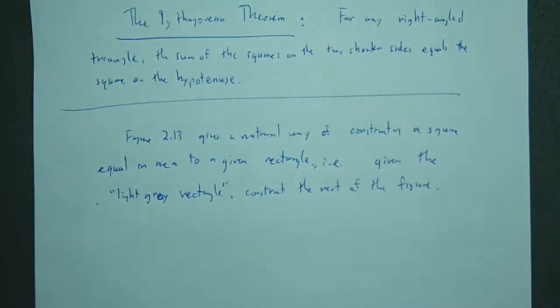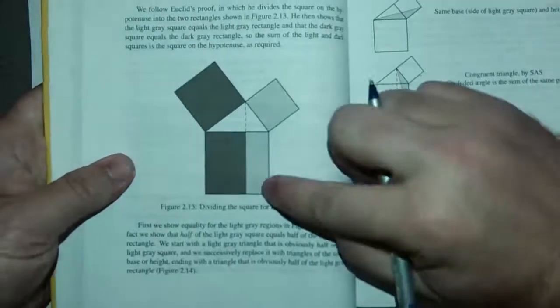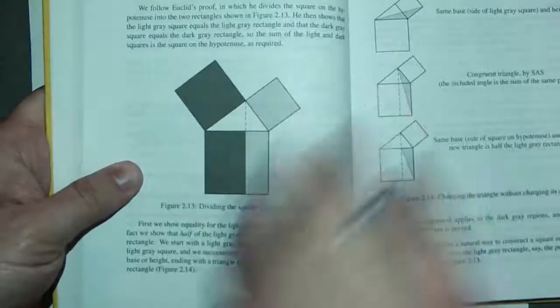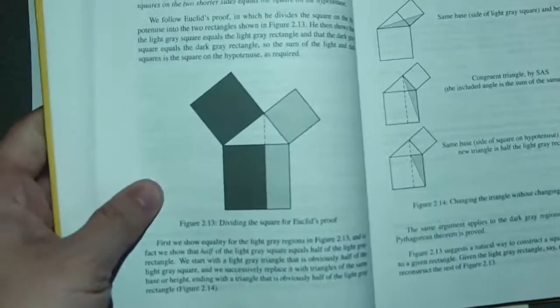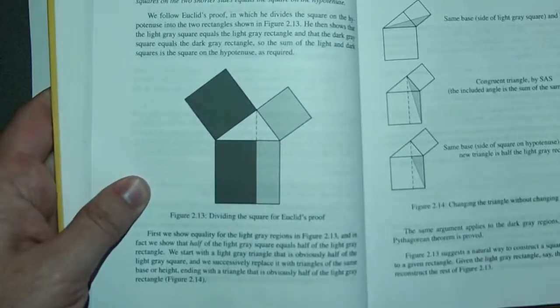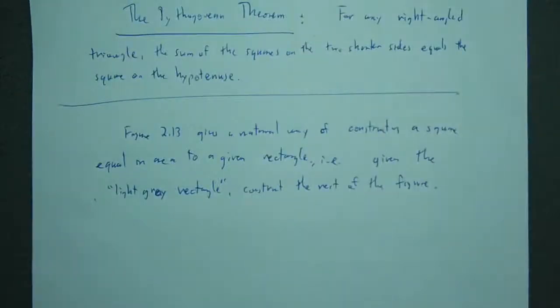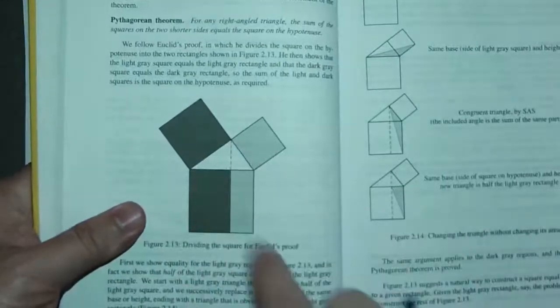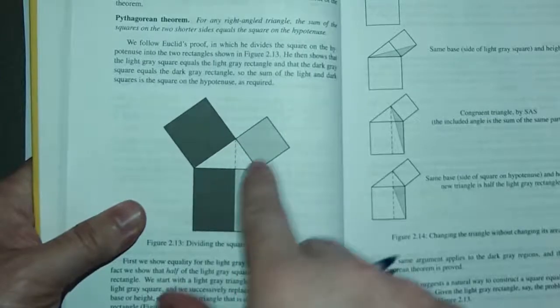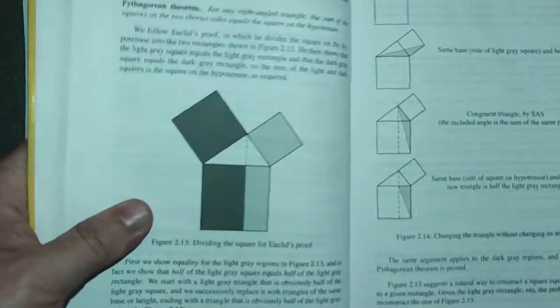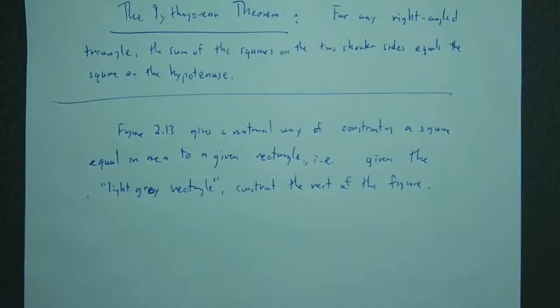So that is, imagine I give you only the light gray rectangle, everything else in this figure is deleted. Construct the rest of the figure from that. If you can do that, then you've constructed the right triangle that has the required components, but also the most important thing we're trying to get to is constructing a square that has the same area as this rectangle. Okay.